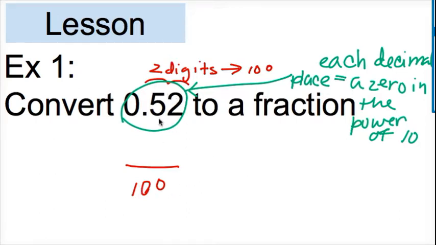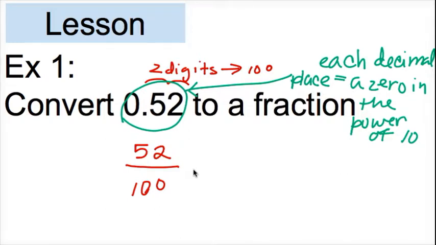Step 2 tells us to actually look at the digits after the decimal. I have a 5 and a 2. 52 over 100. If you want to make it even easier, if you read that decimal correctly and mathematically, the fraction happens automatically.